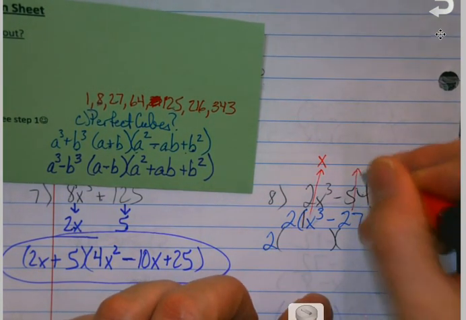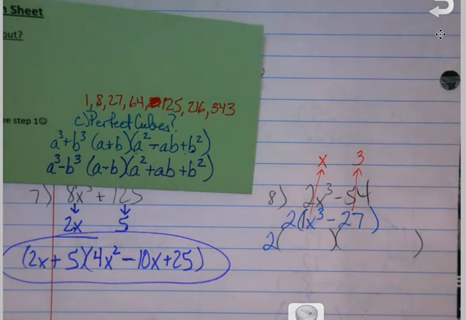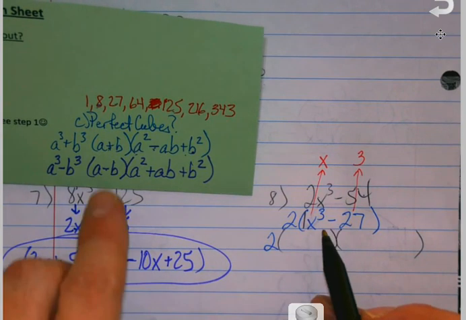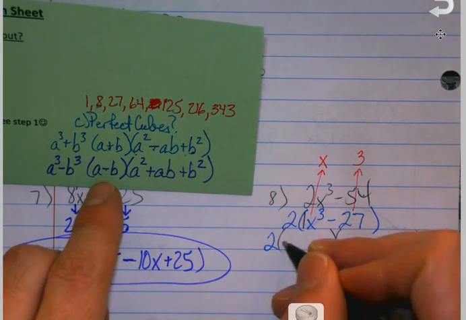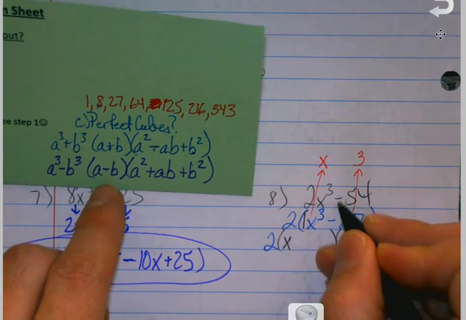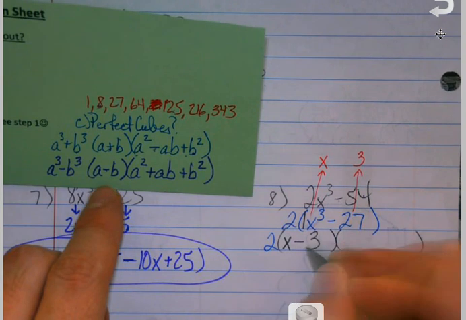And whatever I cube to get 27 is my second. Notice I didn't take the negative with it. The pluses and minuses all work themselves out in the formula. I just want the numbers, or in this case, the variable it goes with. And since it's minus, okay, I'm going to follow this. So x, there's my minus, so x minus 3.